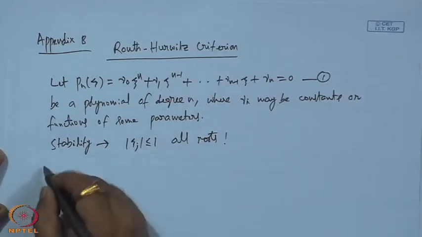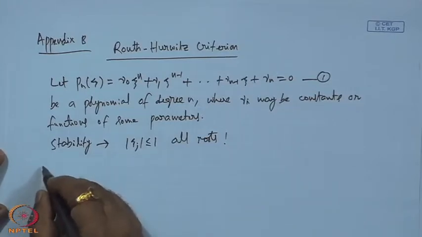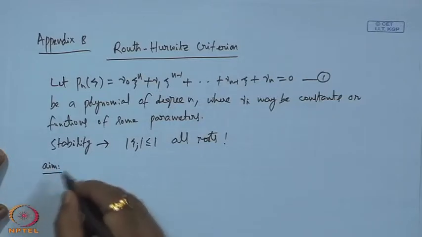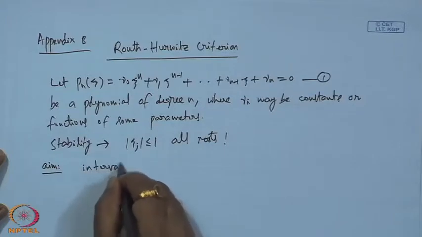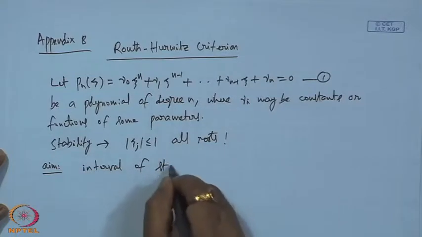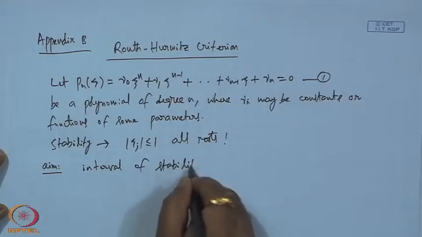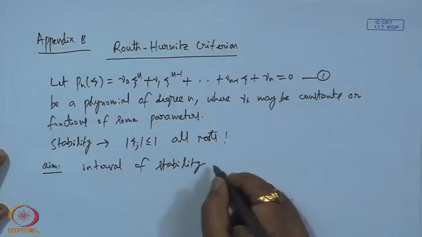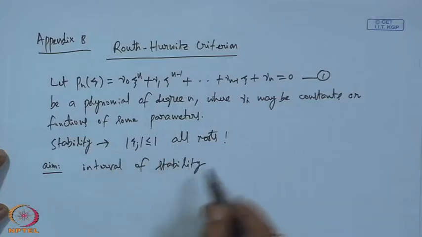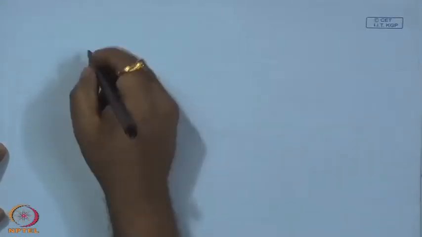What we are looking for is the interval of stability, or values of the parameters for which it is stable. Okay. So, this is done via a transformation.